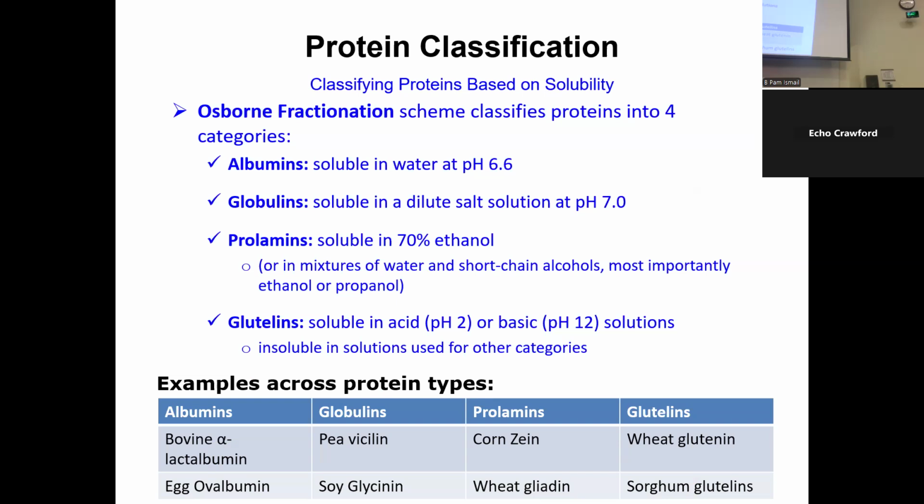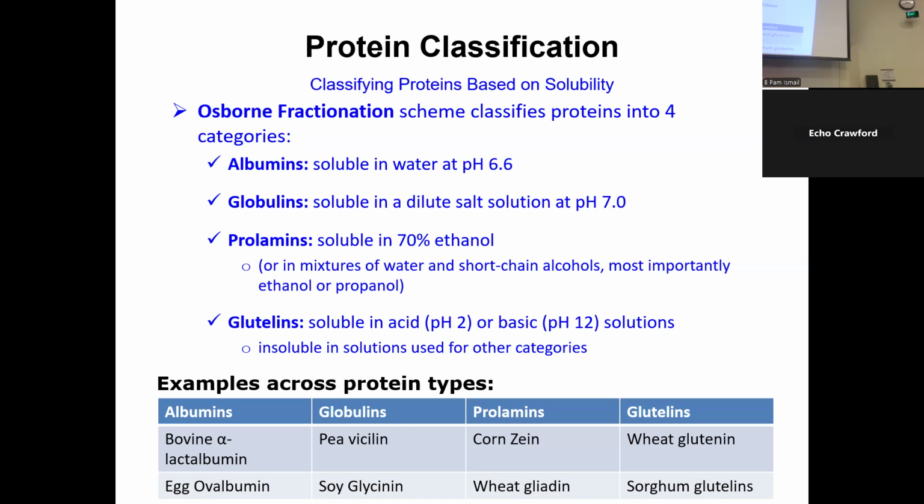Prolamins in 70% ethanol. Glutelins need either high acidity or high basic solutions, and sometimes you add reducing agents because they usually form disulfide linkages, stabilized by disulfide linkages. So you want to solubilize them by breaking those disulfide linkages.